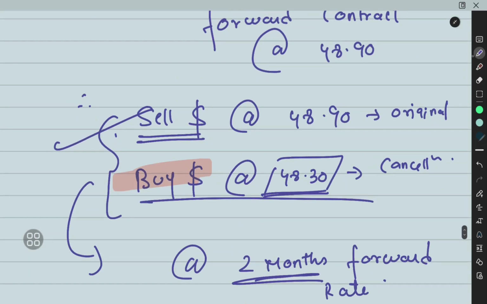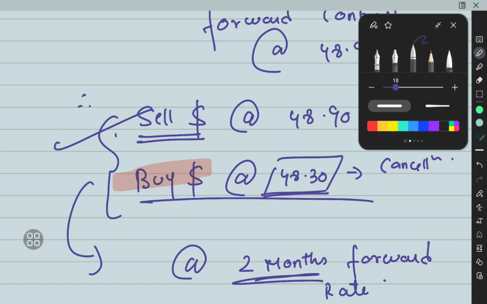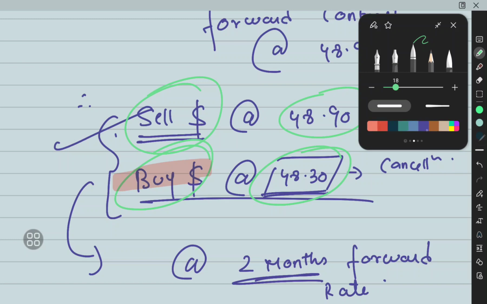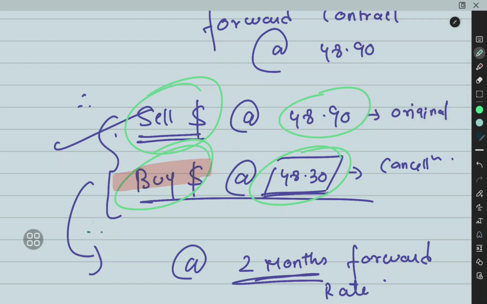Now if you notice, selling dollars at 48.90 and buying them at 48.30, clearly there is a profit here. Therefore, profit on cancellation, which is rare, but it's happening.